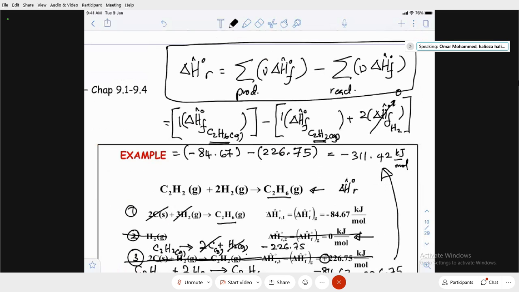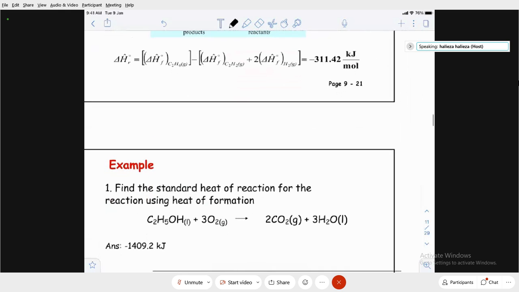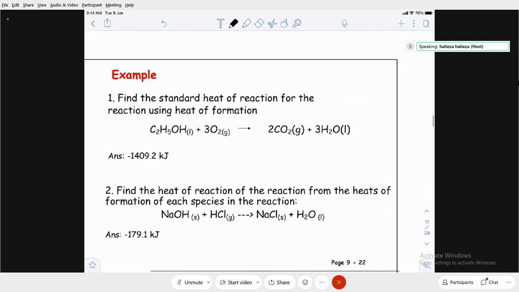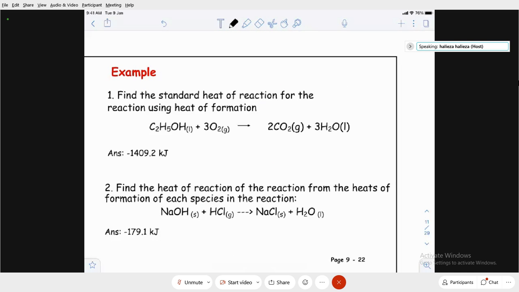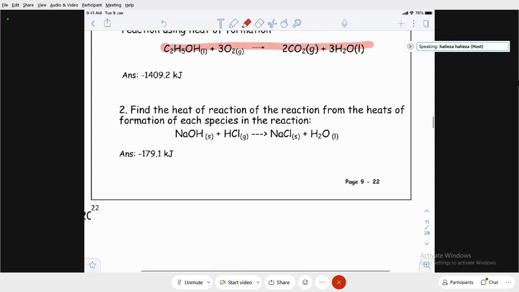Okay, let's see whether we have more examples. Okay, let's do this example. We have 2 examples over here. Sorry, you wanted to get this as your desired equation. I don't have enough space, so I'm going to bring it down.